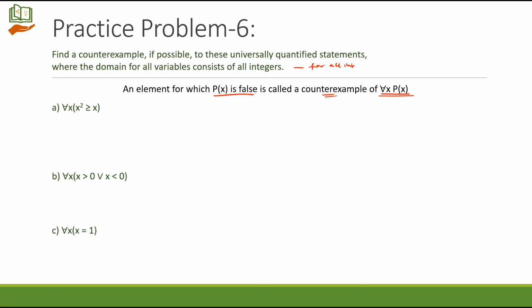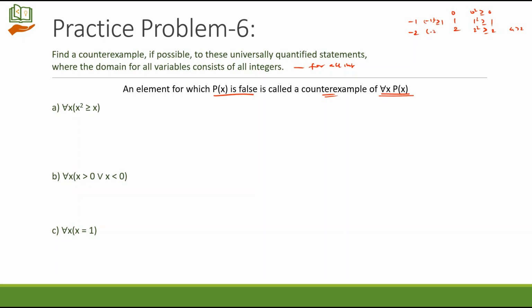Now let's take the first one. For all x, x square is greater than or equal to x. When you take 0, 0 square is greater than or equal to 0. When you take 1, 1 square is greater than or equal to 1. When you take 2, 2 square is greater than or equal to 2, so 4 is greater than 2. When you take negative numbers, minus 1 the whole square will give you 1 again, making this true.